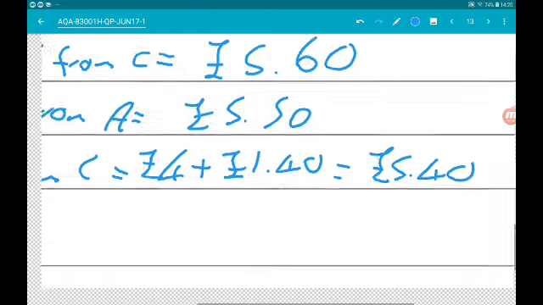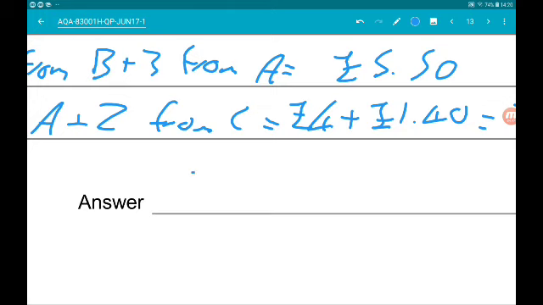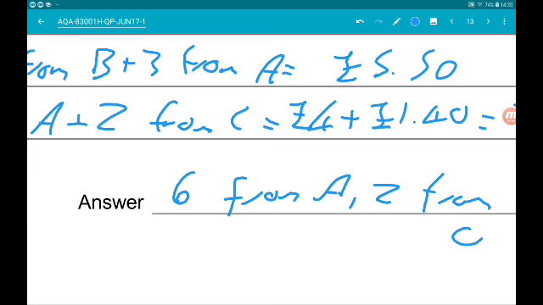So that is the cheapest way. So we want 6 from A, 2 from C.